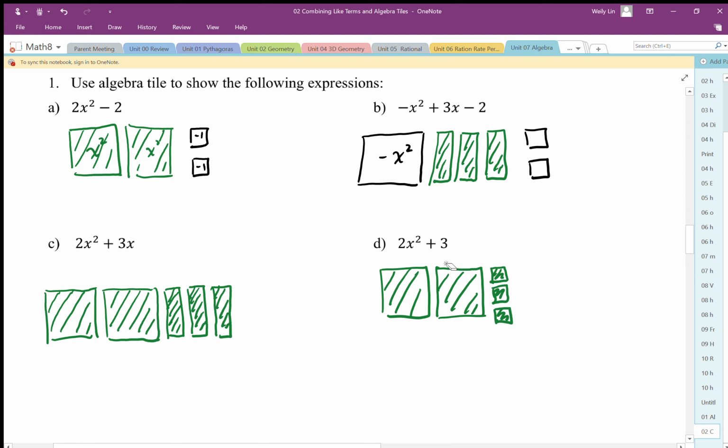These x squared's edge lengths cannot be matched with the ones edge length, so this cannot be arranged in a rectangle. So this is an expression that we call not factorable. If it can't be shown with length and width as 2 multiplying parts, or in other words, put in a rectangular shape, we say that expression is not factorable.